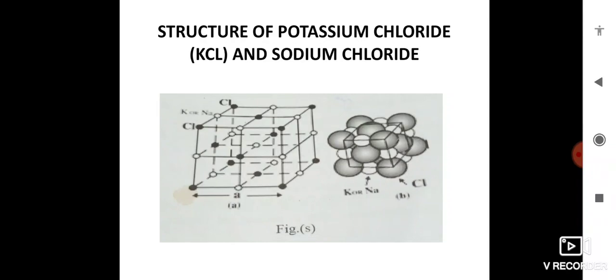Experimentally, Bragg's reflection for various sets of planes has been compared, and the 100, 110 and 111 planes were found at angles 5.22 degrees, 7.30 degrees and 9.05 degrees respectively.